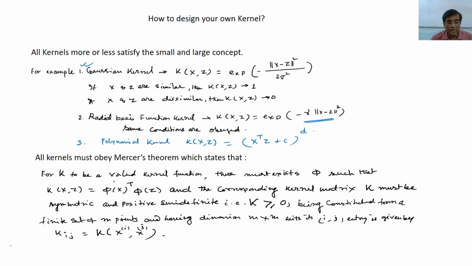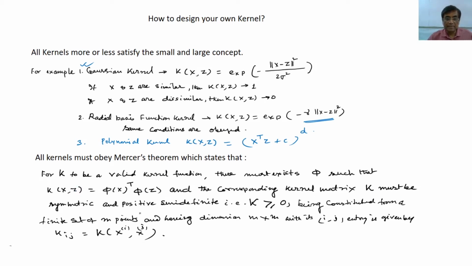So for k to be a valid kernel function, there must exist phi, a feature mapping function, so that we can express k(x,z) equals phi(x) transpose phi(z), the dot product between this mapping function. So it must be equal to the kernel k(x,z).